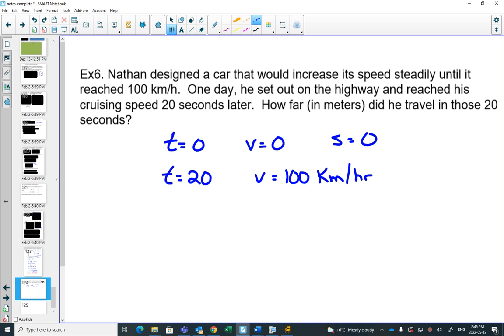Now, the problem is that we've got this question asking for an answer in meters, and our time is given in seconds. How good are you at changing 100 kilometers an hour to meters per second? Some people know you need to divide by 3.6. Others would have to change this from kilometers to meters, that is times 1,000, 100,000 meters.